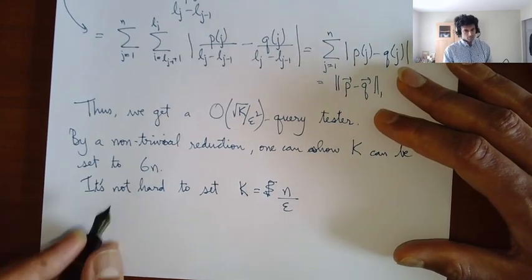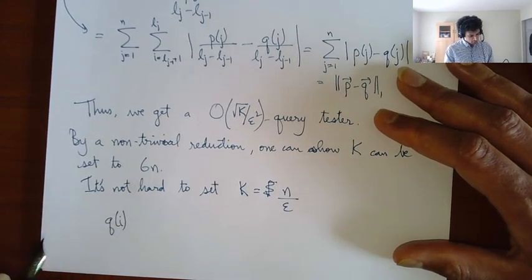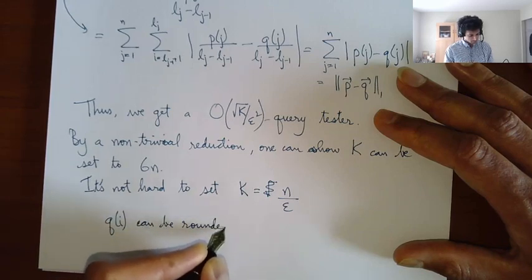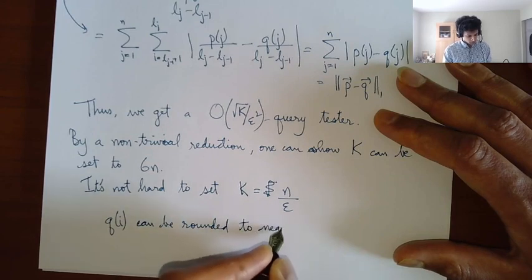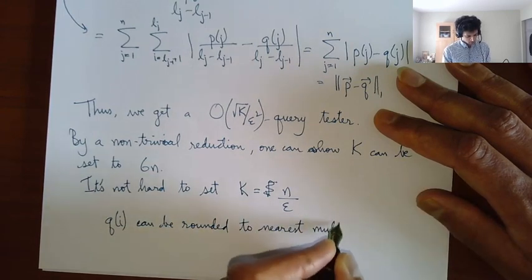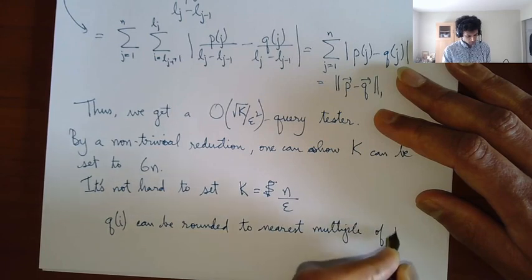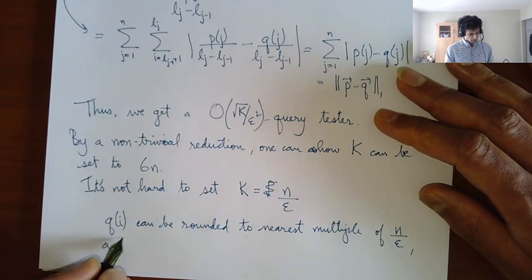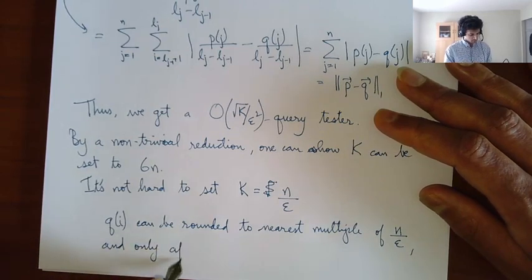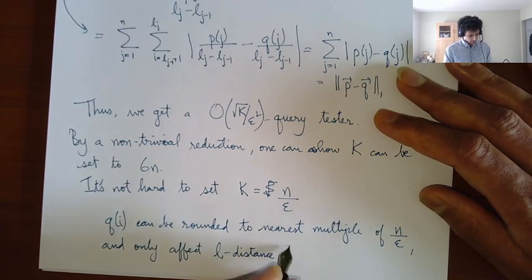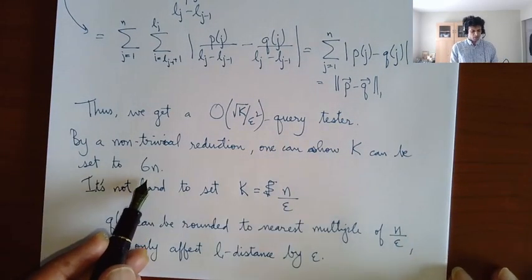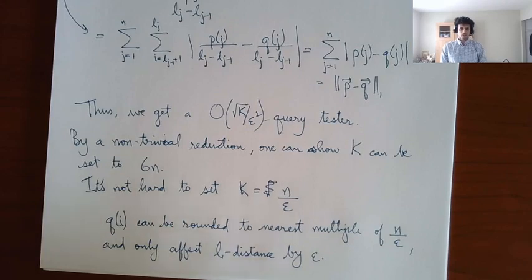Because you could say that every q_i can be rounded to the nearest multiple of epsilon over n and only affect the L1 distance by epsilon. But to round it down to exactly something times n, independent of epsilon, requires a little bit more care.